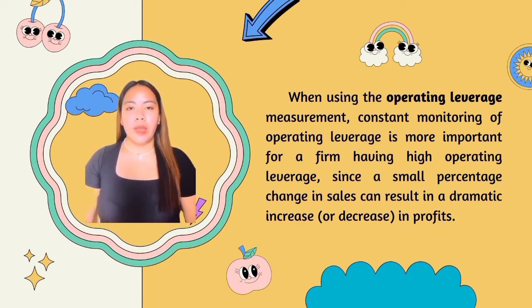We need to be very knowledgeable with regards to the level of operating leverage because it can have a profound impact on pricing policy, since a company with a large amount of operating leverage must be very careful not to set its prices so low that it can never generate enough contribution margin to fully offset its fixed costs. Because we should always remember that in order to make a profit, the price must be higher than the break-even point.